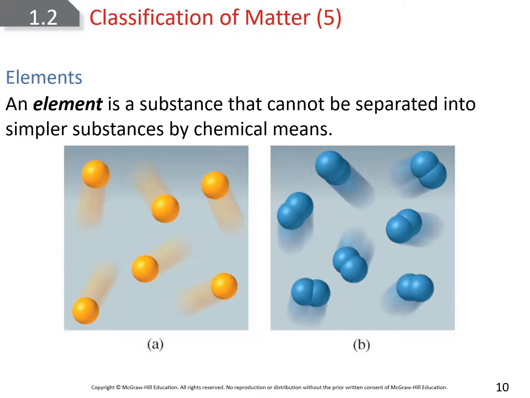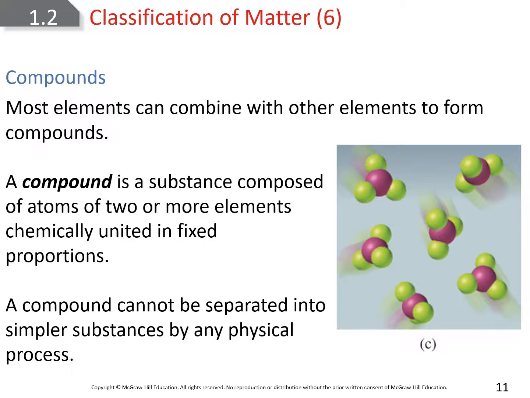So again, elements cannot be separated into smaller, simpler substances by any kind of chemical or physical means, so they just are. Compounds can be separated out into their different elements.